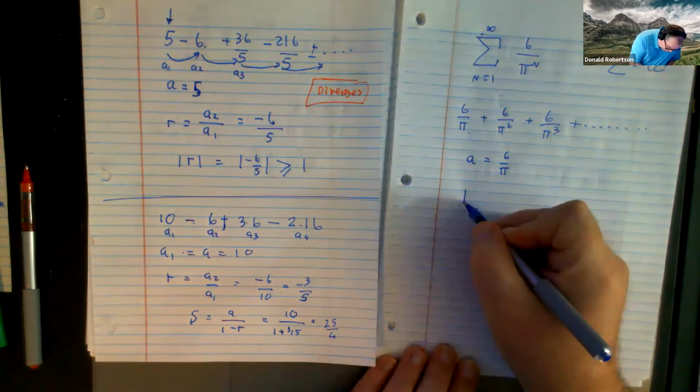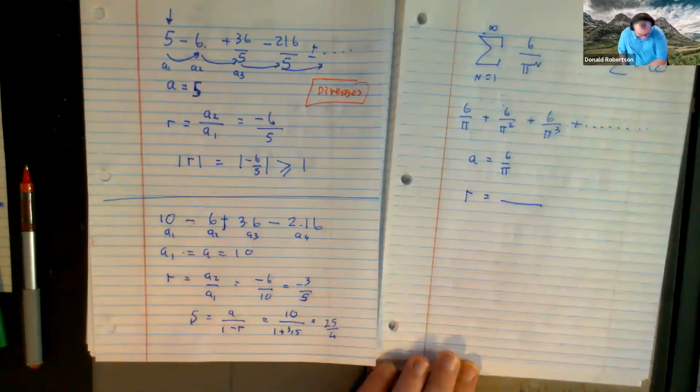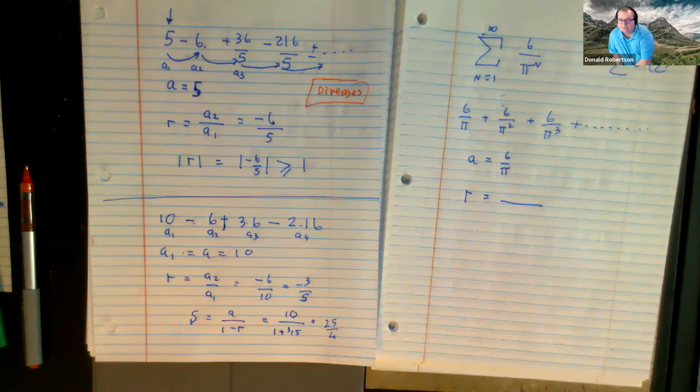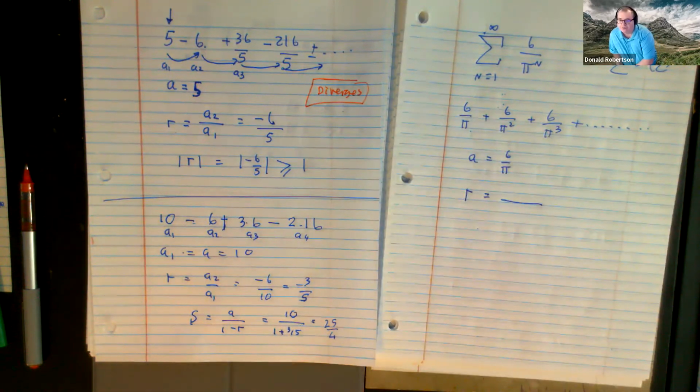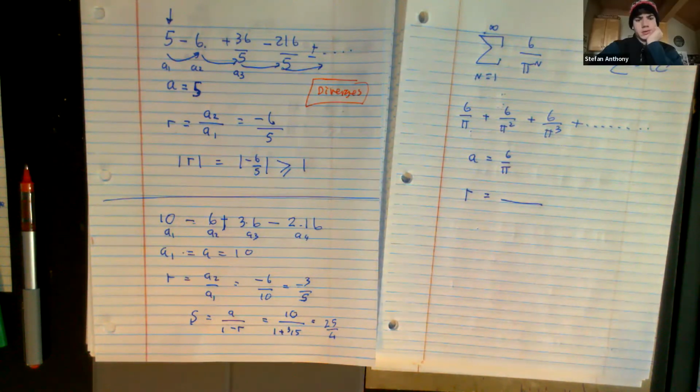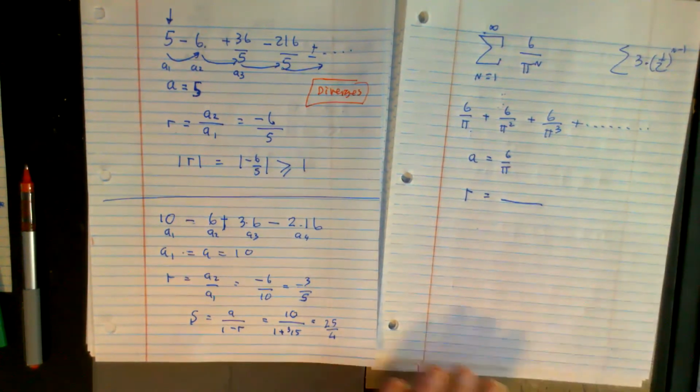And if I wanted to get the common ratio, tell me who I divide. How would I get the common ratio? Two numbers, one in the top divided by one in the bottom. 1 over 6 divided by pi squared divided by 6 over pi.